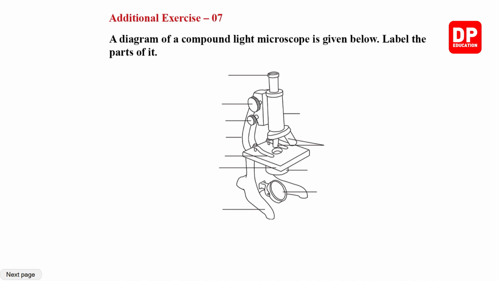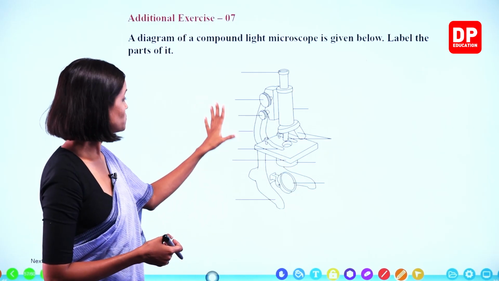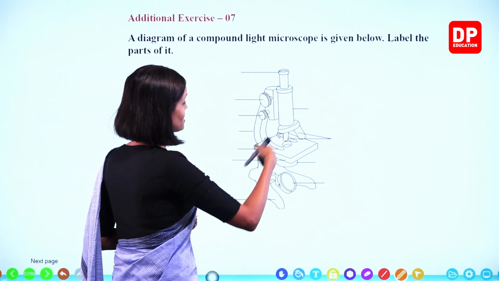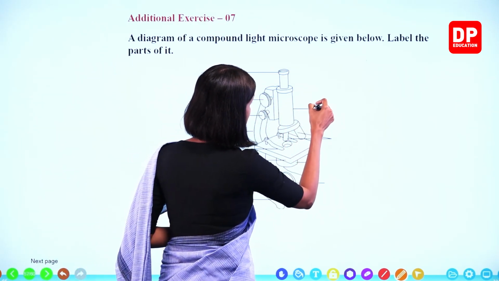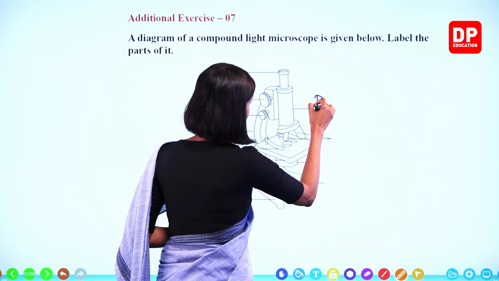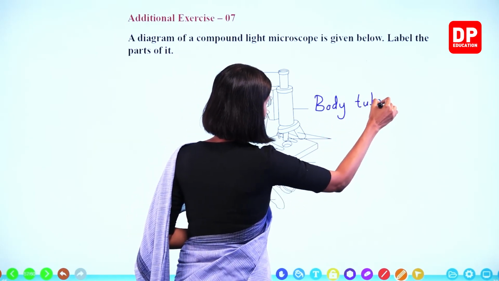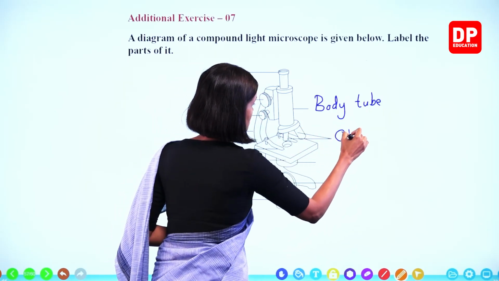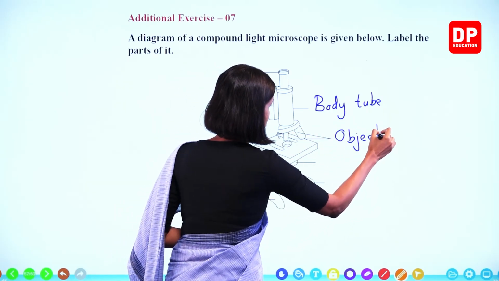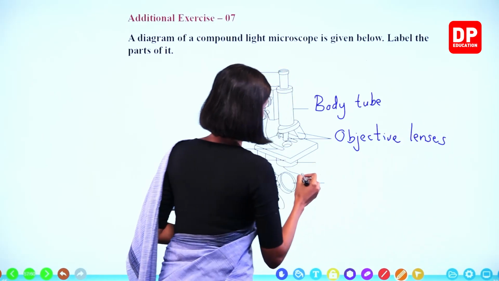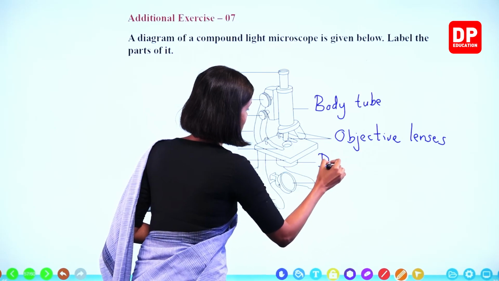Question number 7. A diagram of a compound light microscope is given below. Label the parts of it. I am sure you all have done this correctly, okay? Because we did this many times now. What is this? This is the body tube. And these are objectives, objective lenses. This is the diaphragm.